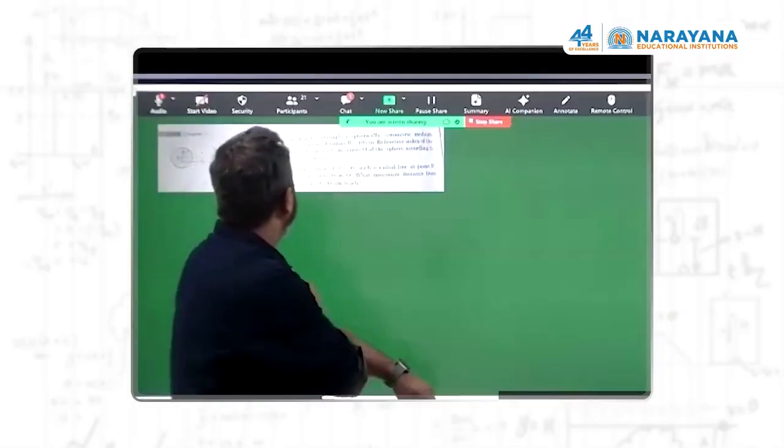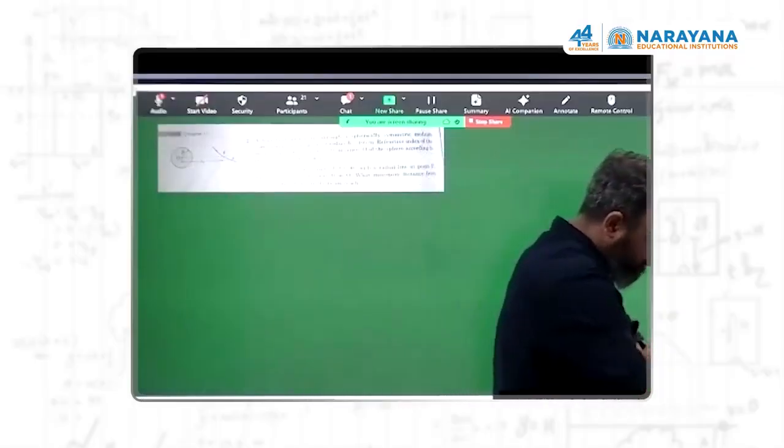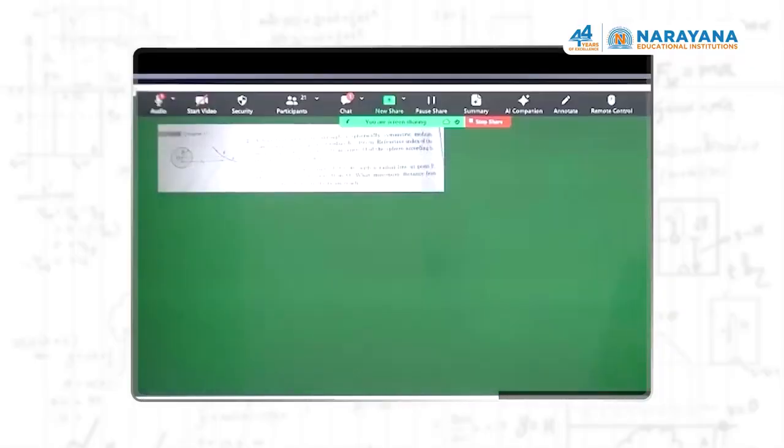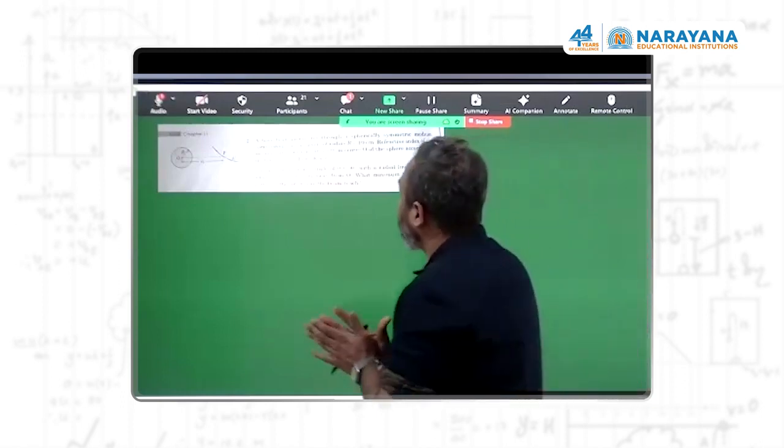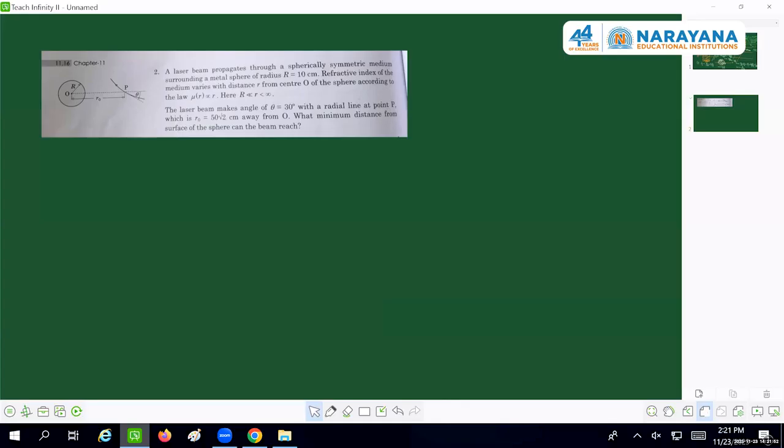All right. There's a laser beam which propagates through a spherically symmetric medium. Let's understand that this sphere has a radius of capital R, and the medium around it is spherically symmetric, and the refractive index mu is some linear function of r, so maybe k into r.